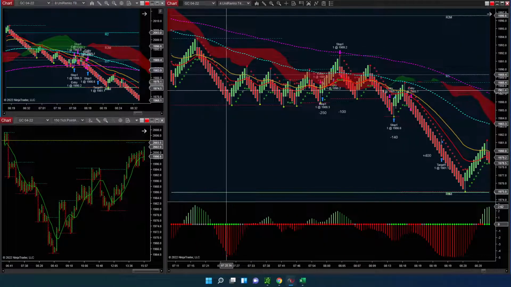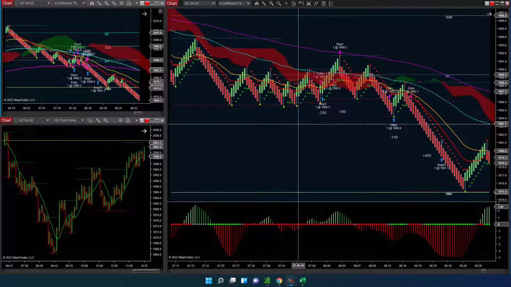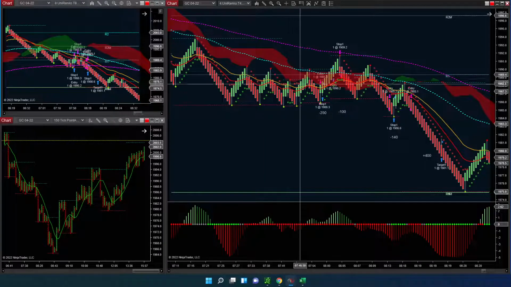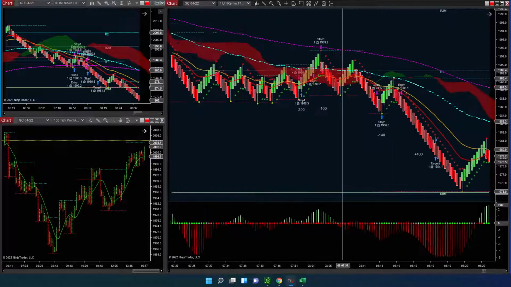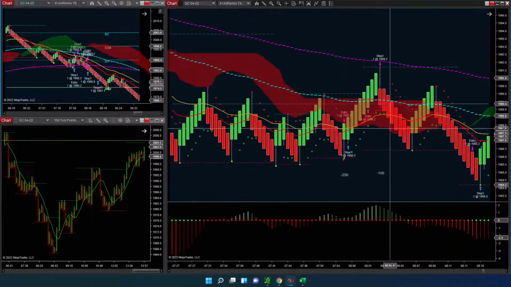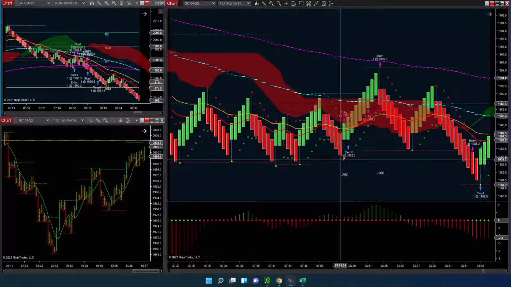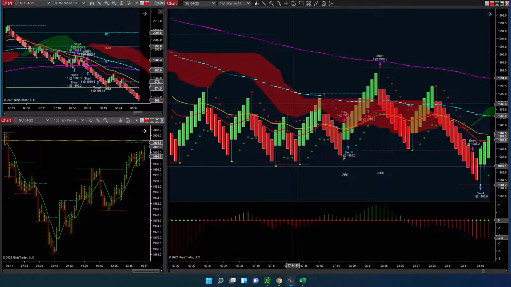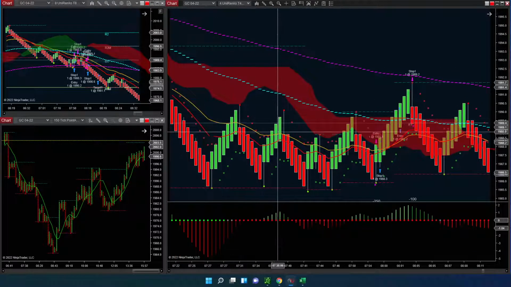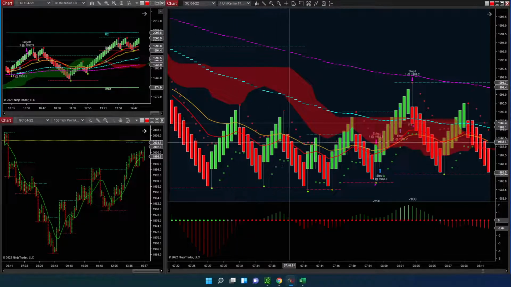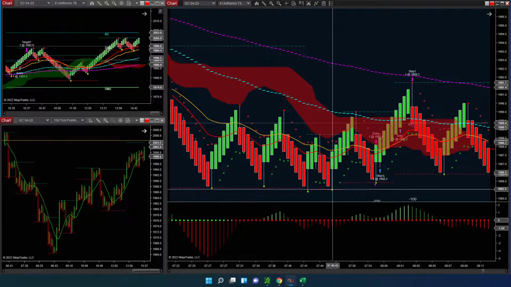The market was moving horizontally in this channel, and I mistakenly again took a trade right here. It should have been below there, but I was looking at it, and it had already had one, two, three, four attempts to break.